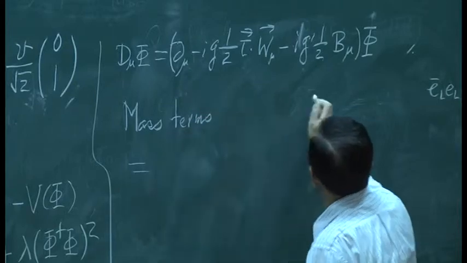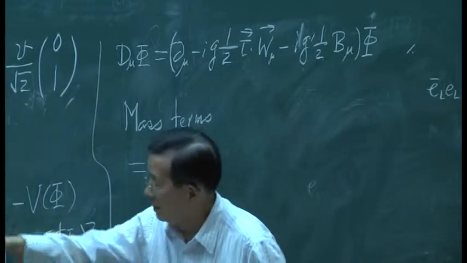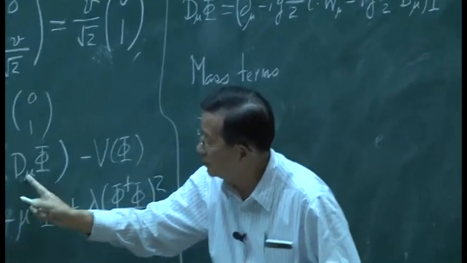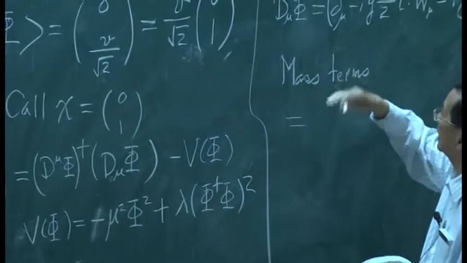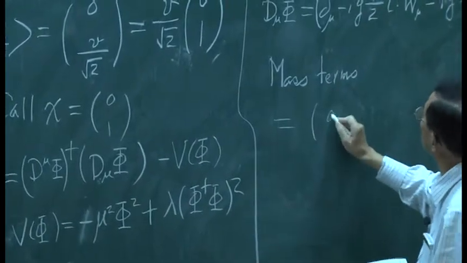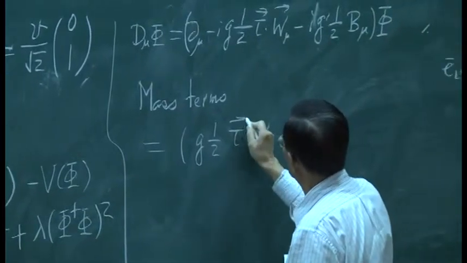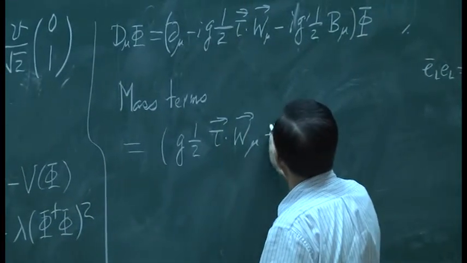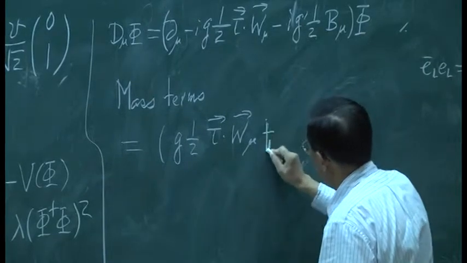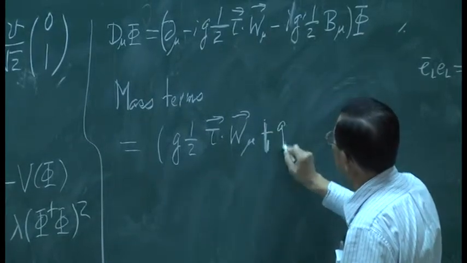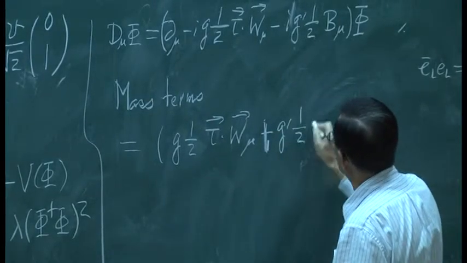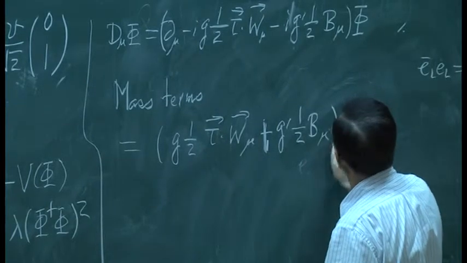There's an i here. The Hermitian conjugate is this, so the i will cancel out. And what I have is g, 1/2 tau dot W_mu, plus g prime, 1/2 B_mu.